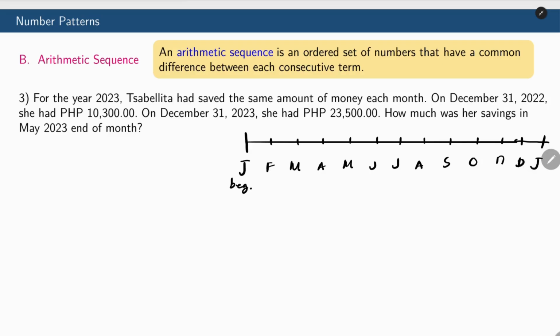Okay, take note that we are talking about beginning, no? Okay, here she had 10,300 pesos. On December 31, 2023, so meaning to say January beginning of 2024, meron siyang 23,500. How much was her savings in May 2023 end of month? So, ang hinahanap na nun, yung June beginning or May end. Bahala ka kung anong gusto mong approach. Okay. Dito sa case na to, so this is a sub 1.